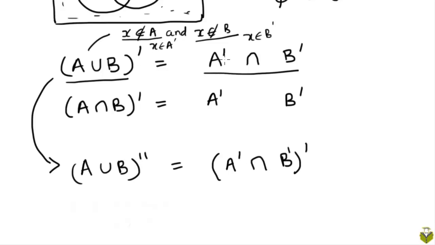Since A union B complement is A complement intersection B complement, the complement of the left hand side would be the complement of the right hand side, and the complement of the left hand side, which would be the double complement of A union B, would just be A union B. This means that the right hand side should also ultimately become A union B. Now if we were to push the complement inside over here, A double complement would become A and B double complement would become B. So the effect of the complement on this intersection must be that it should invert this intersection and make it into union.